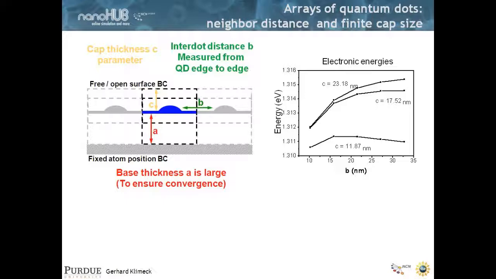But the message here is that if you tune the cap, so if you have an 11 nanometer cap or a 17 nanometer cap or 23 nanometer cap, you can actually tune the eigenstates of your central system. Okay, so you actually have a design parameter with which you can play with tuning the energies of your quantum dots. You don't change per se the form or shape or composition anymore of the quantum dots.